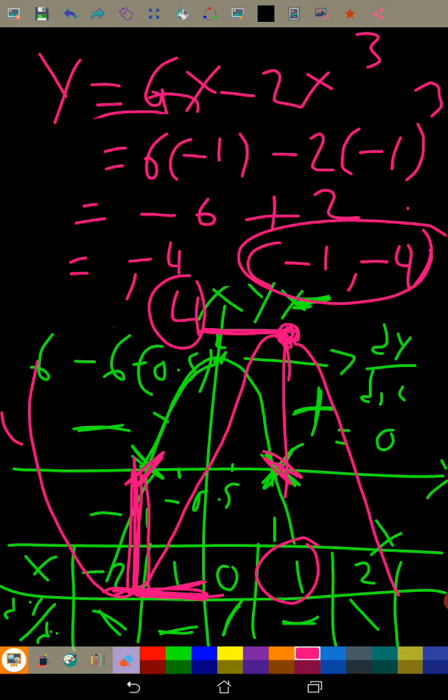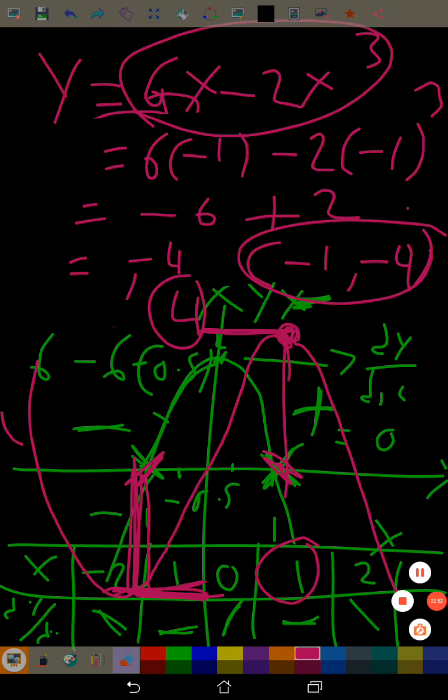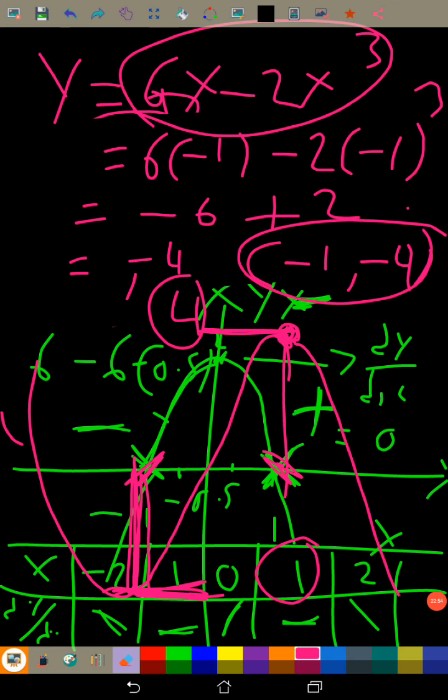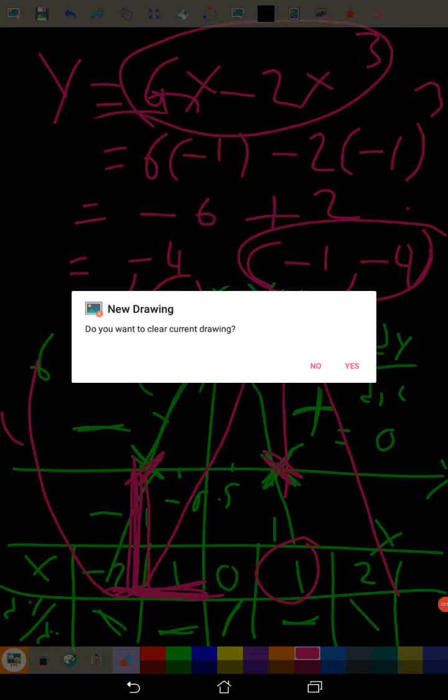So how to sketch things, you just have to put some values in this. And so I think I might be able to do another example for this, just for the sake of clarity.